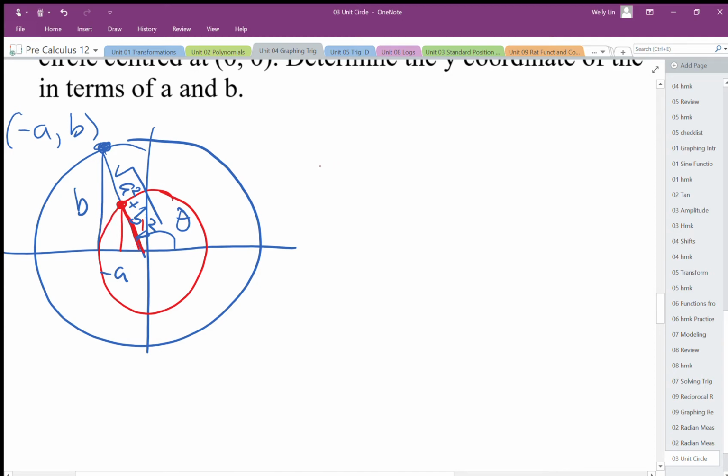So we can find the point B as the cosine of angle theta, and the y is sine of angle theta. Well, the cosine of angle theta is going to be negative A over the radius.